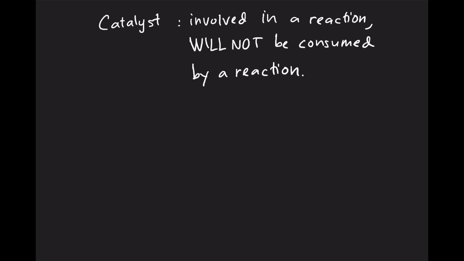By the end of the reaction, you will regain the catalyst back because it will not be consumed by that reaction. Although it is actively involved in the reaction, in the sense that it will also collide with the reactants to produce the products. A catalyst can also increase the rate of the reaction.